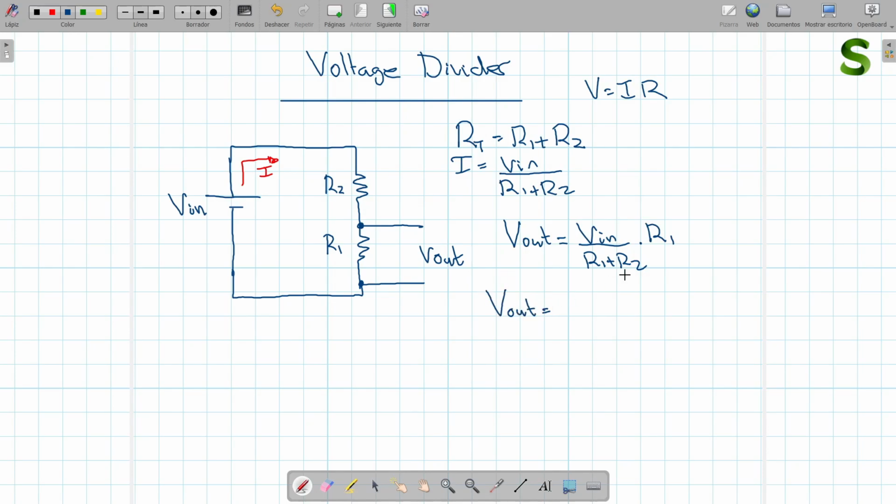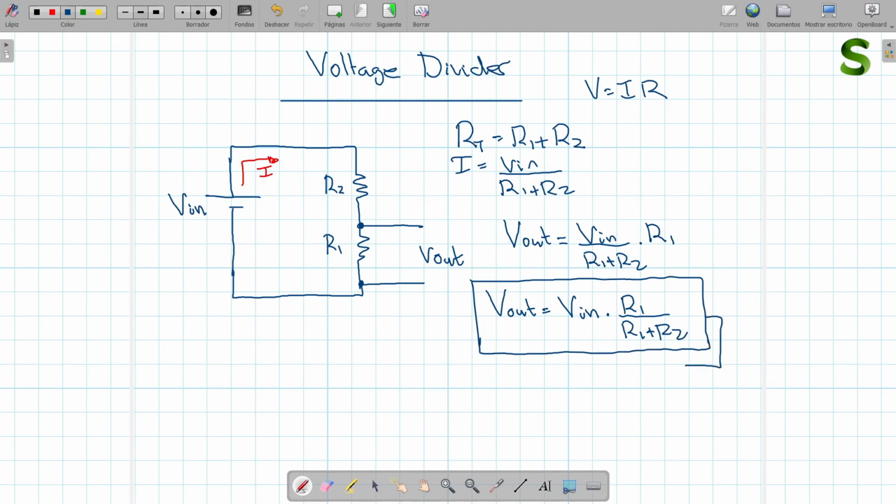If we rearrange that, we have V out equals V in times R1 divided by R1 plus R2, which is the formula that you should use in potential dividers. As you see, it's 2 minutes to obtain the formula, but it's very easy to learn. So for the exercises, just get used to it instead of trying to find out the formula.